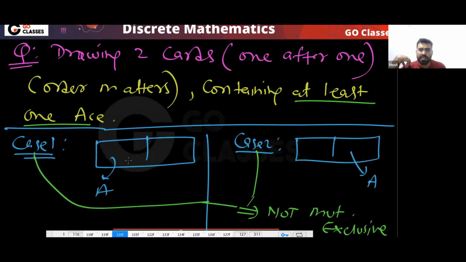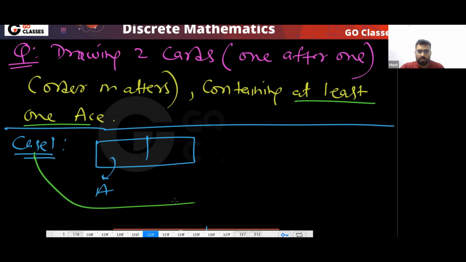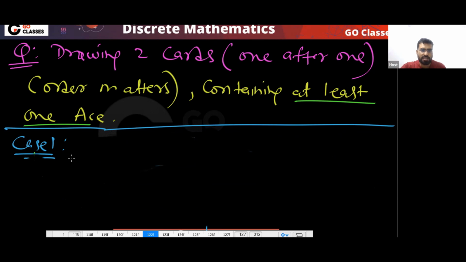If you create these cases, then you have to remove the cases when both are ace. See, if you create cases like this, then what will you have to do? Let's assume someone creates these cases: case 1, ace anything; case 2, anything ace.